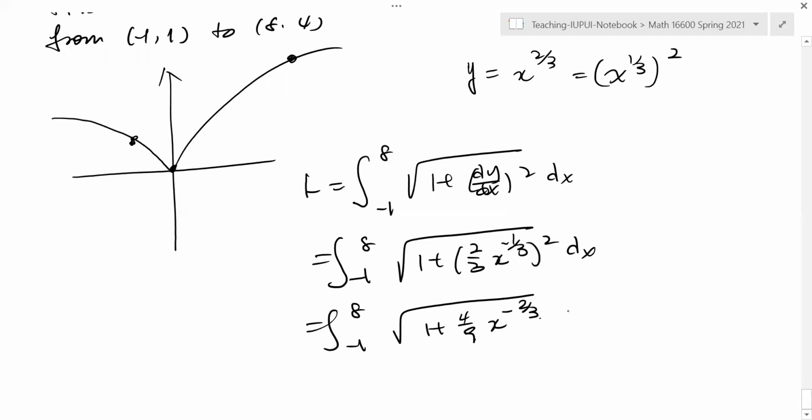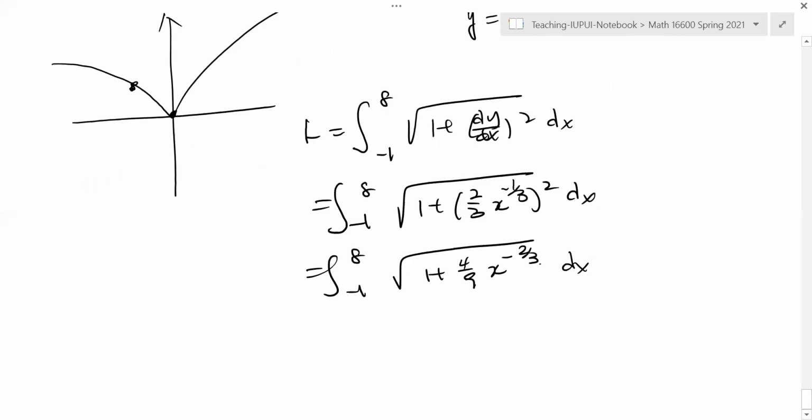This is an improper integral, so you have to divide the integral into two parts. So I can simply write this.